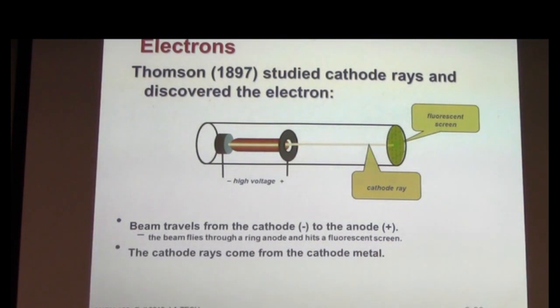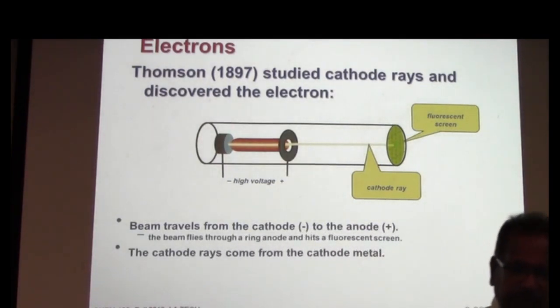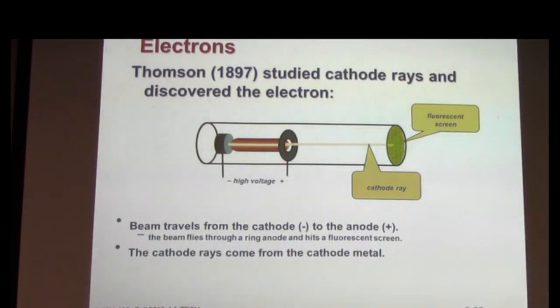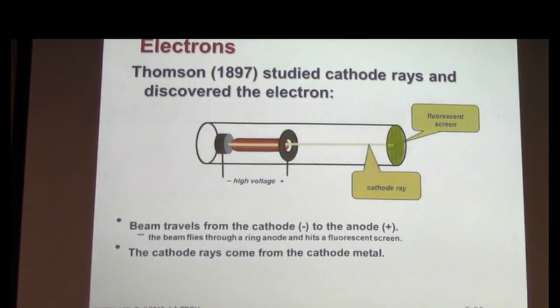This phenomenon is found regardless of the gas you put in. Helium, hydrogen, everything has this. Therefore, all the elements have electrons. That's the first subatomic particle. They are negatively charged particles.